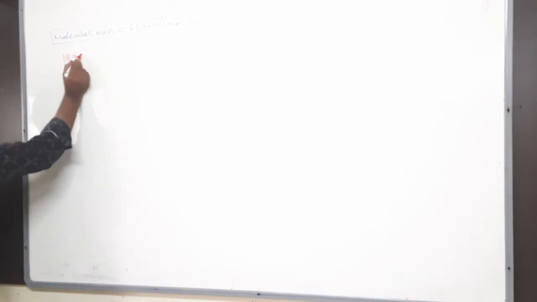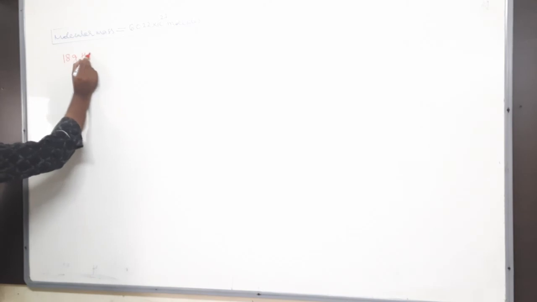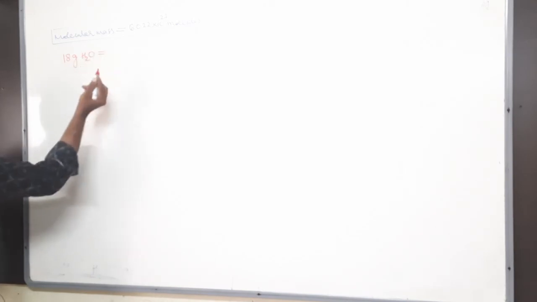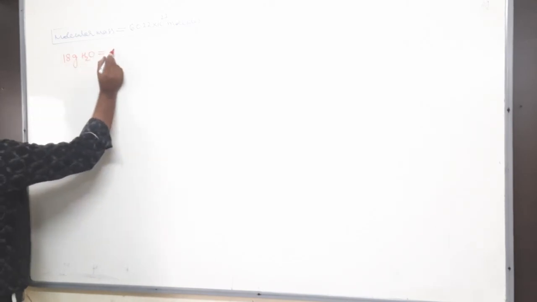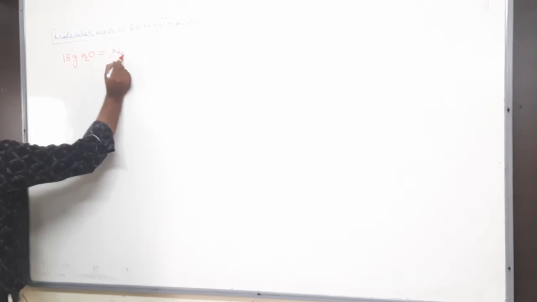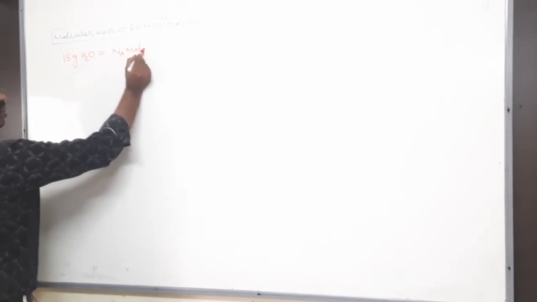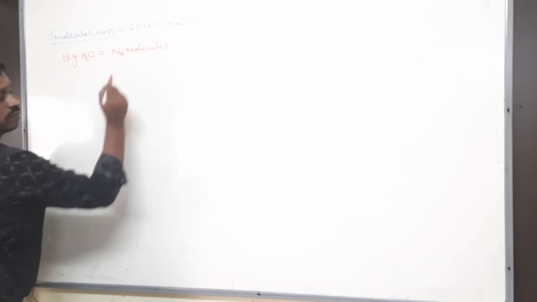For example, what is the molecular mass of water? 18 grams. 18 gram H2O is equal to how many molecules? It is Na water molecules. Why? Because 18 is the gram molecular mass.